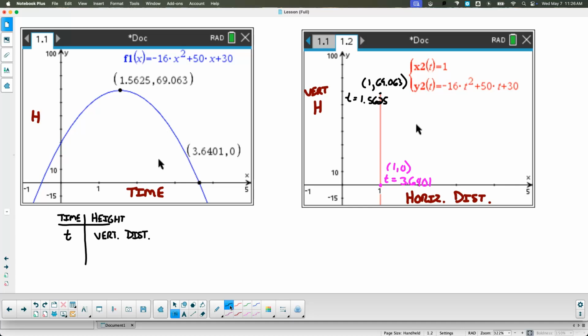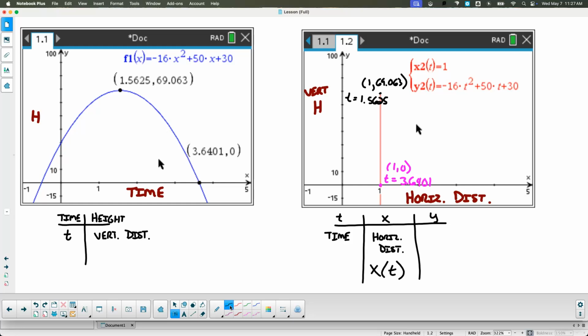In parametric mode, we have a 3-column chart where t is time, x is our horizontal distance, or x of t, you'll have that function defined for you, or you'll have to make that function.